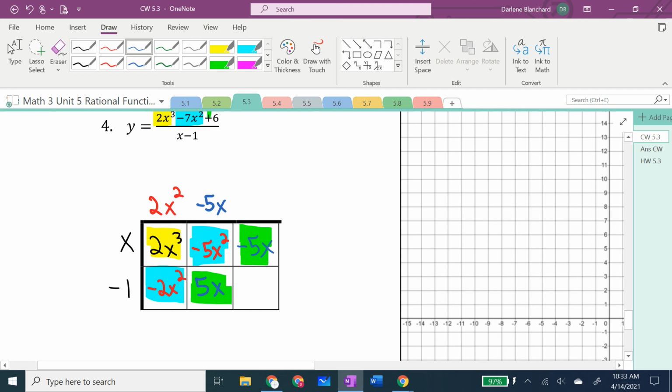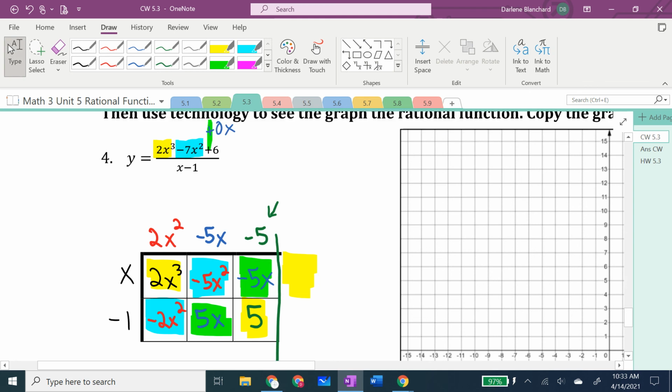Then I'm ready to continue. What does x multiply by to make negative 5x? And notice I just hit a constant term. So that means anything that occurs past this line is remainder. Negative 5 times negative 1. And then I need those two to add up to make positive 6.